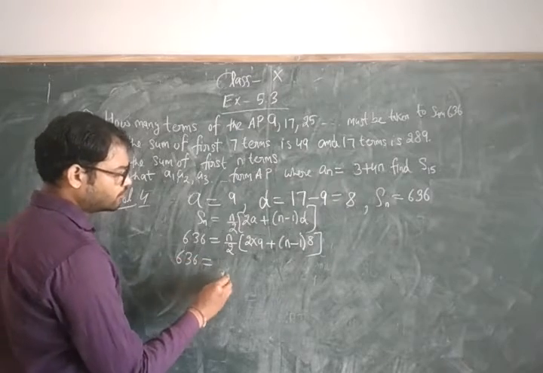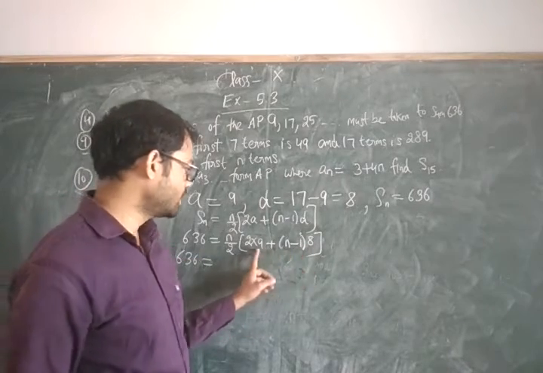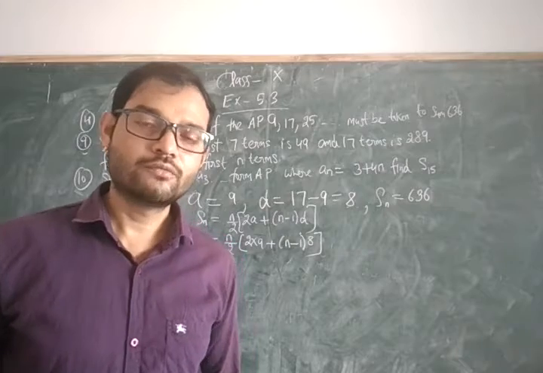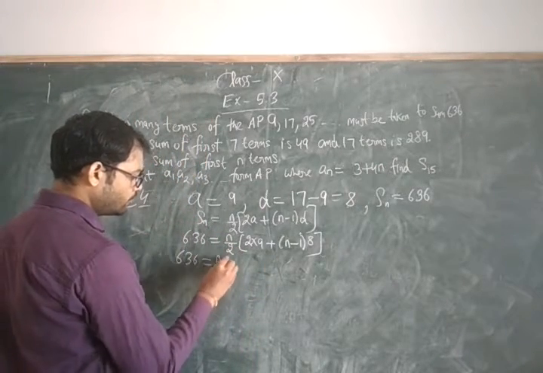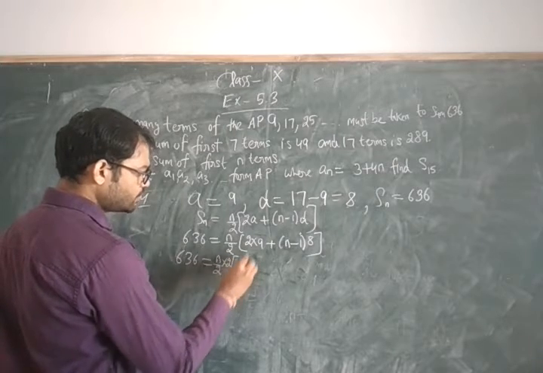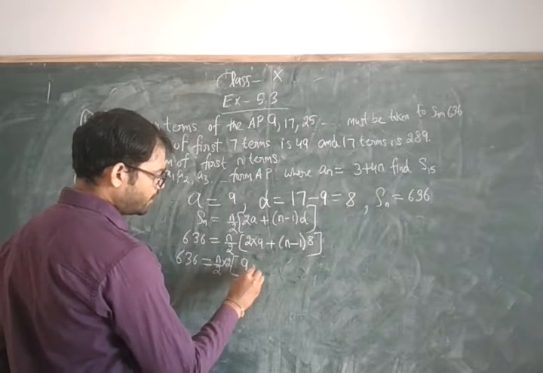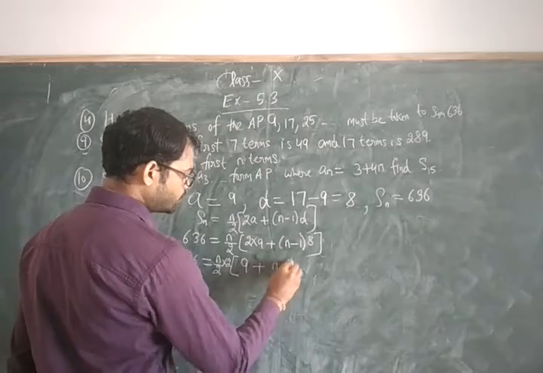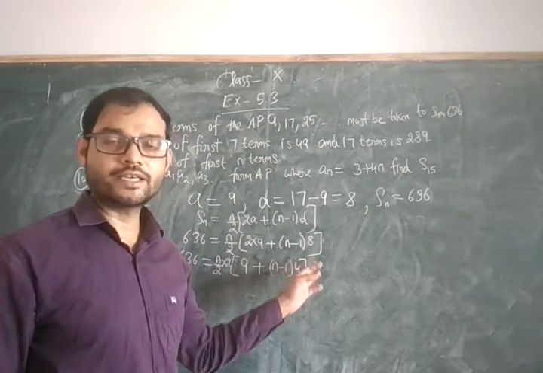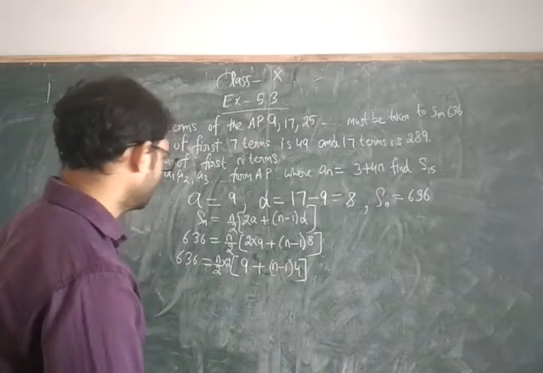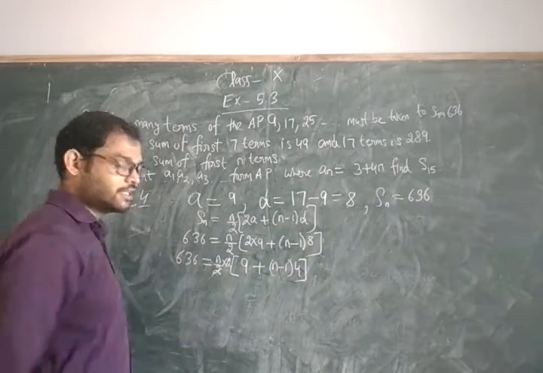Now you can see we can take 2 as common from the bracket. So take 2 as common, and upon 2 into 2, so here it becomes 9 plus (n minus 1) into 4. When we take the common factor out, here 4 remains. Now 2 cancels with this 2.